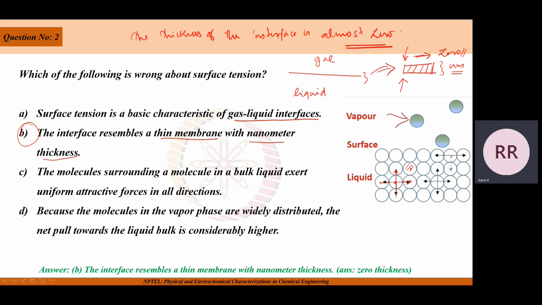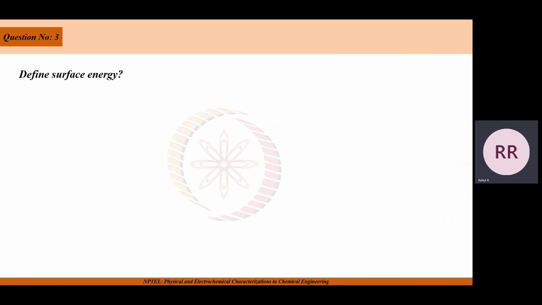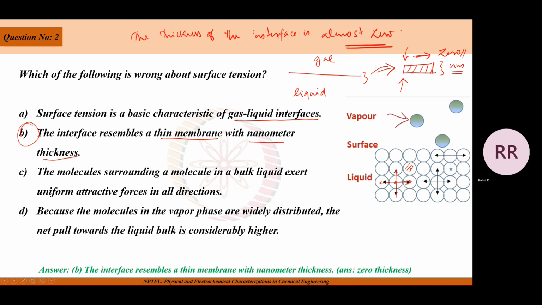Whereas if we consider this molecule, which is on the interface, it has an attraction from this side and this side, but it is missing the upper side. So the pull towards the bulk is considerably higher. There is a force here and no force upwards, so there is no resultant force towards the outside. That is what is said in the fourth point. So that is also true.